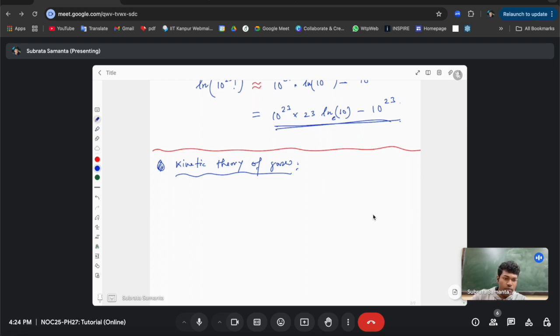But how do we determine the properties of gases?